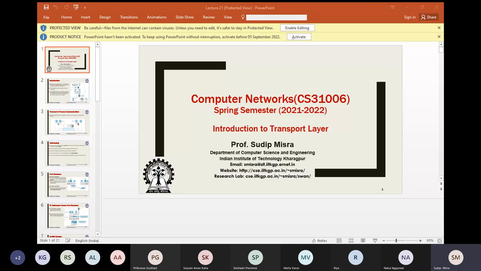So there are two protocols in the transport layer. One is called TCP, the other one is called UDP. These two protocols follow this.